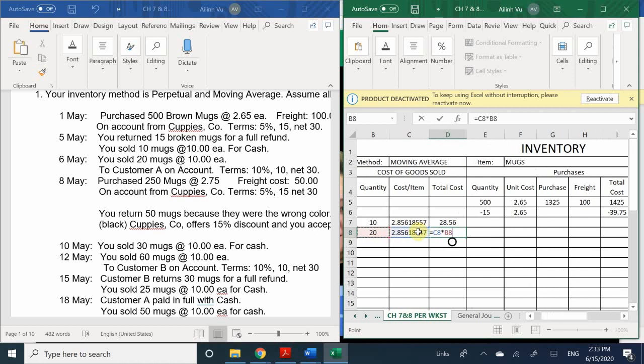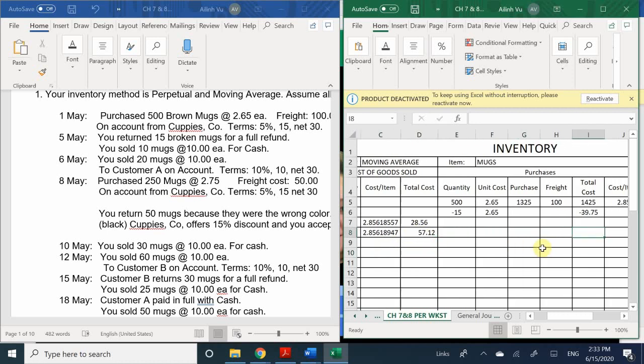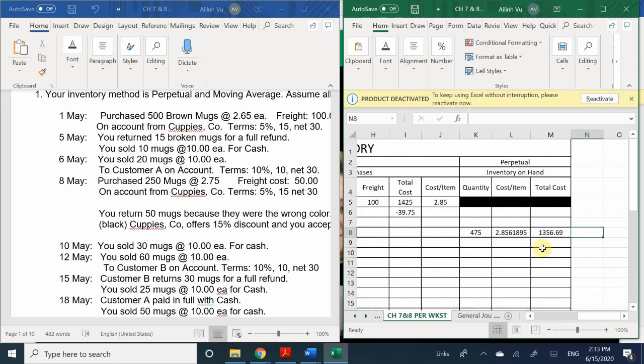This times this, and I reduce this number to this, and I get $57.12. At the bottom, I'm going to take 475, subtract 20, and then subtract $57.12. And that should give you this number here.